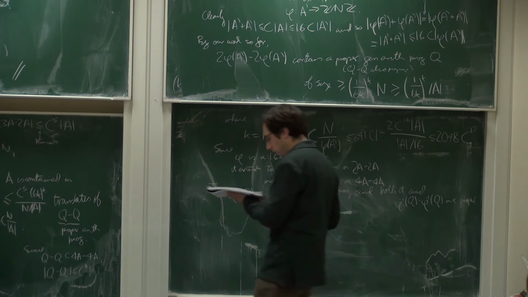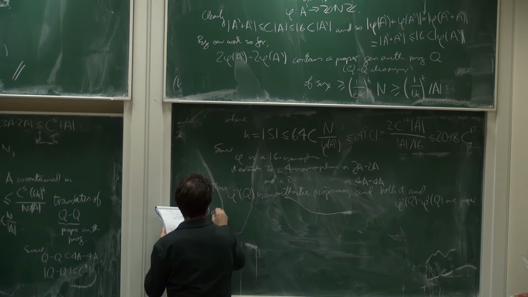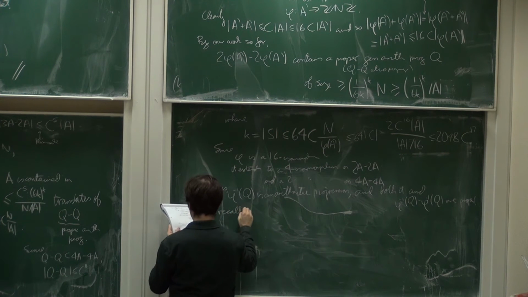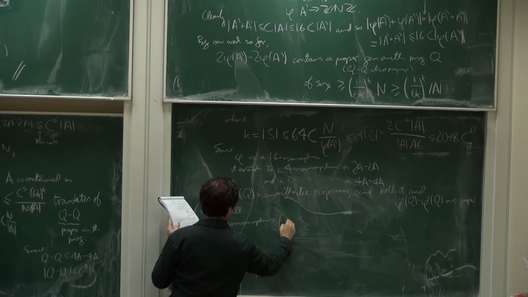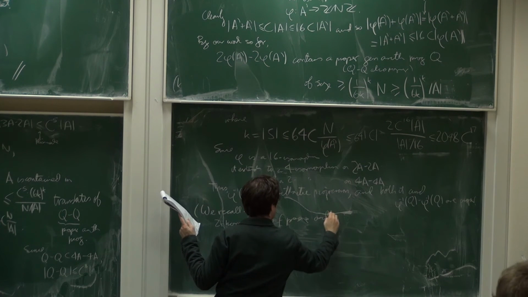Let me just write this out in full. I think I said it the previous time. 2-homomorphisms, in fact, preserve arithmetic progressions.